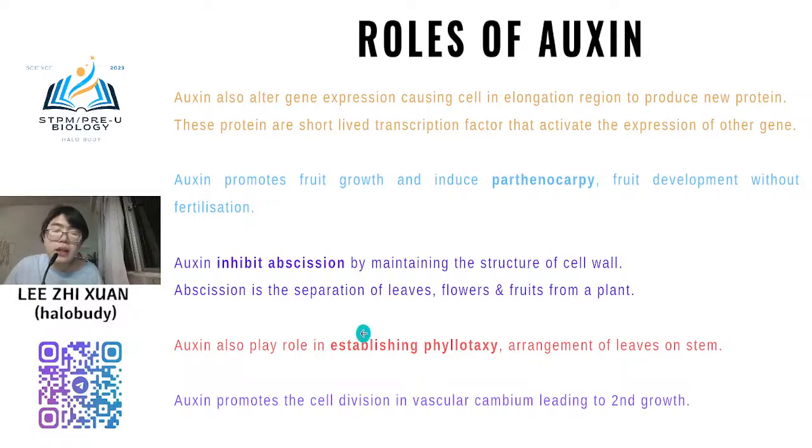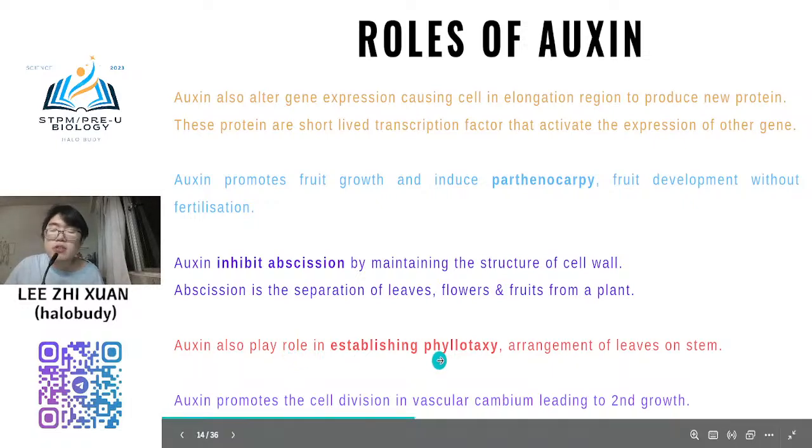And then auxin can also play a role in establishing phyllotaxy, the arrangement of leaves on the stem. And also auxin can promote cell division in the vascular cambium, leading to secondary growth. So these are all the functions that you need to know of the auxin molecule. Okay.